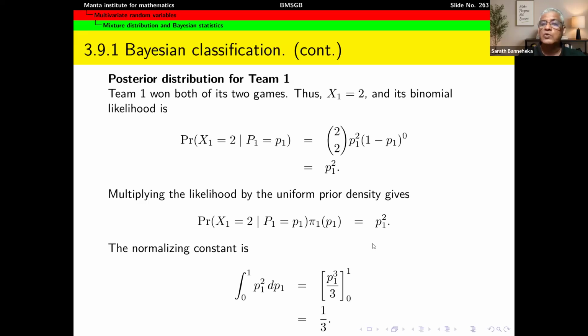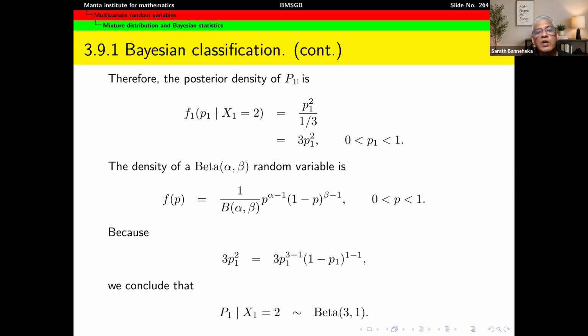So you have to normalize this expression by the normalizing constant to make it a proper density. In this case, the normalizing constant will be 1 over 3. Therefore, the posterior density of P1 will be given by the expression divided by the normalizing constant. So that is the posterior density function of P1 given X1 is equal to 2, the observed value of x.